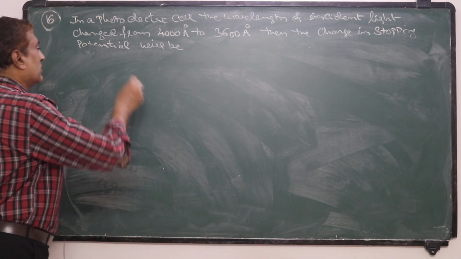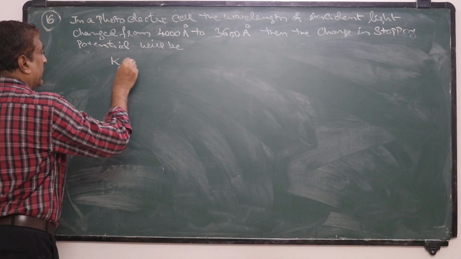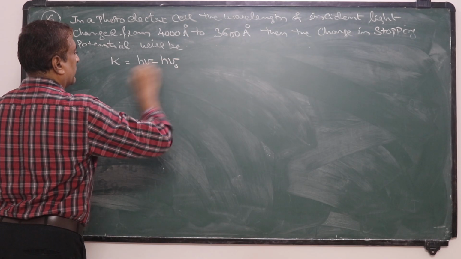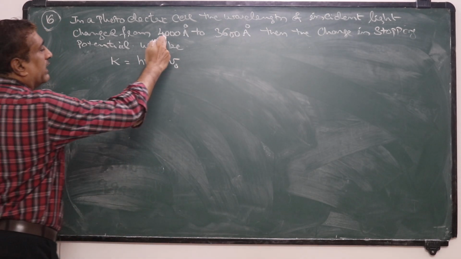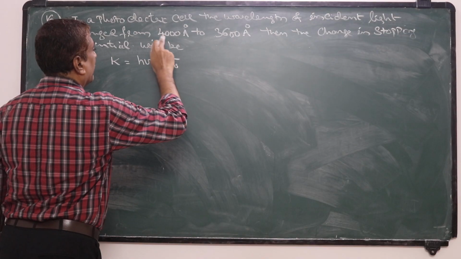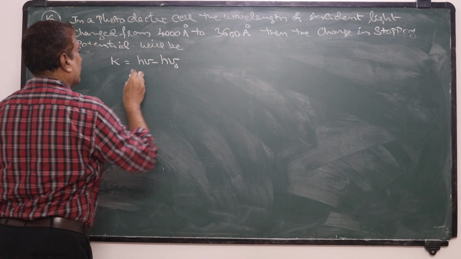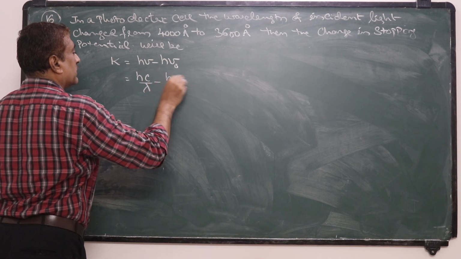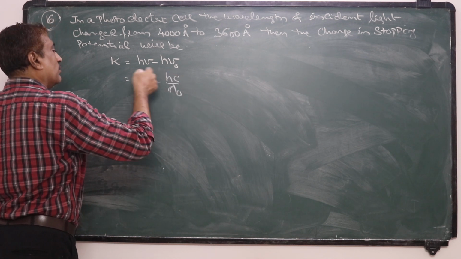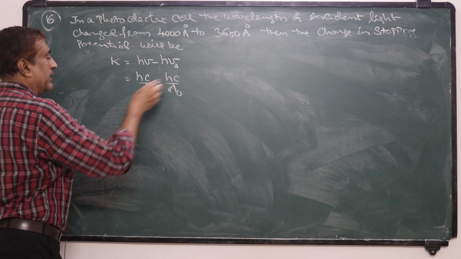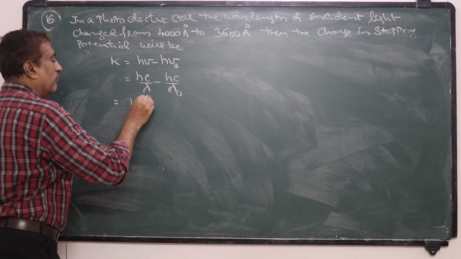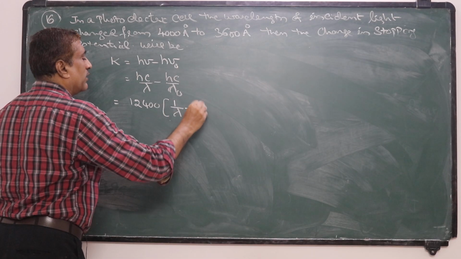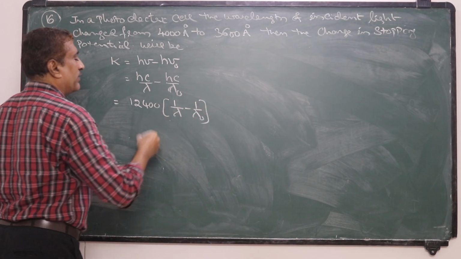So we have the relation K is equal to h nu of the incident photon minus the work function h nu naught. But here the given parameter is in wavelengths, so we can write it as hc by lambda minus hc by lambda 0. We can write this in electron volt as 12400 into 1 by lambda minus 1 by lambda 0 electron volt.